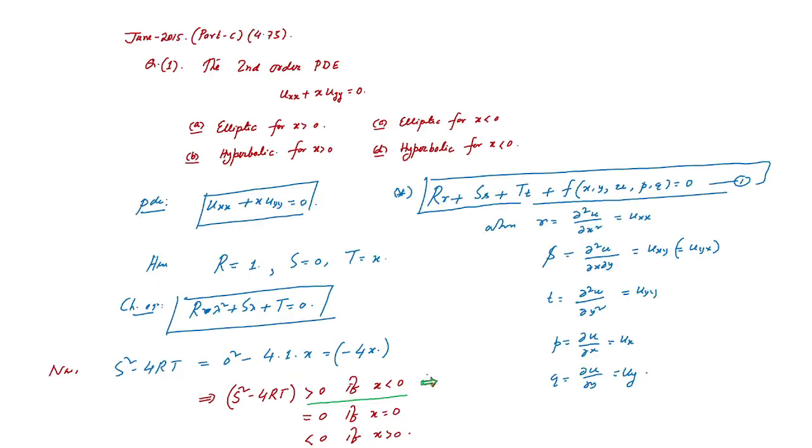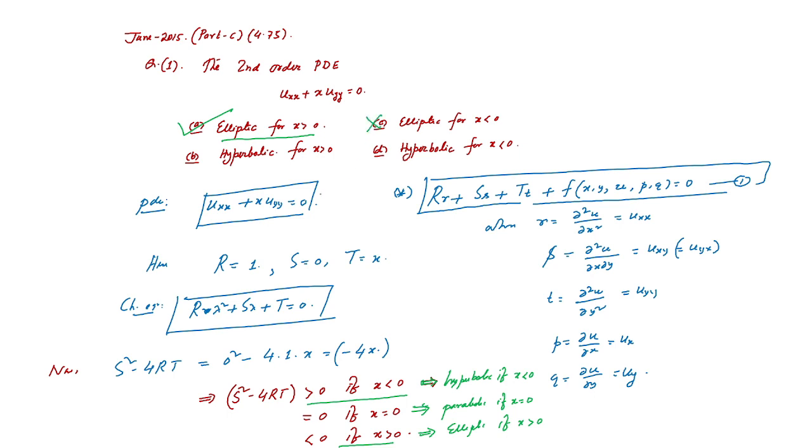So here we can conclude hyperbolic if X less than 0. From that expression, it is parabolic if X equals 0. And from that we can conclude the last one, it is elliptic if X greater than 0. So elliptic for X greater than 0, that option is correct.